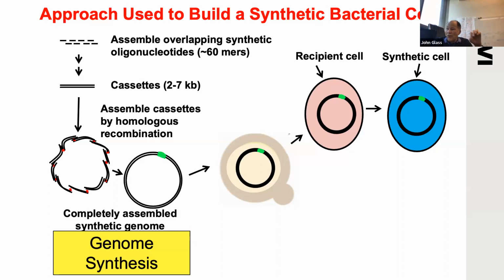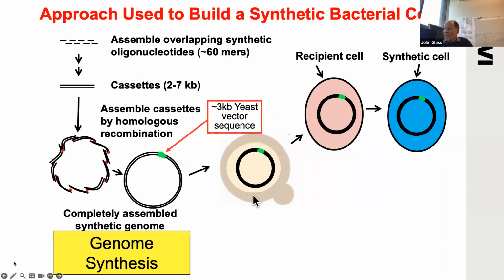Mycoplasma mycoides genome. And we do this by taking 60mers and building cassettes that are larger, and then assembling those into a complete genome. And we would put a small piece of DNA that is a vector sequence for yeast, because what we had to do is build this and then move it into a yeast cell.